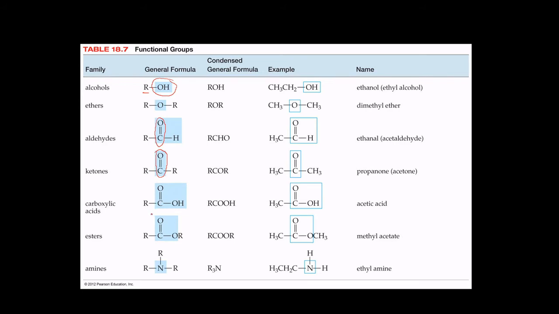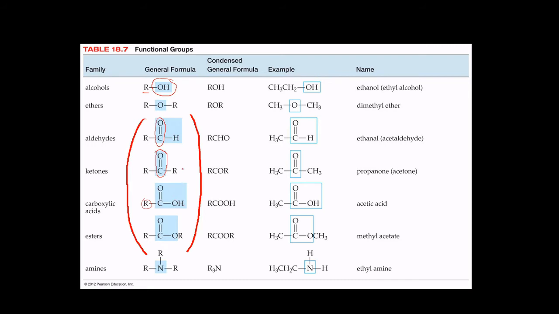A carboxylic acid is very similar to the previous 2, and if you notice here, really all 4 of these are related to one another. A carboxylic acid has that carbon-oxygen double bond, just like the previous 2. Only now the other thing that the carbon is attached to, other than the rest of the carbon molecule, is an OH group.